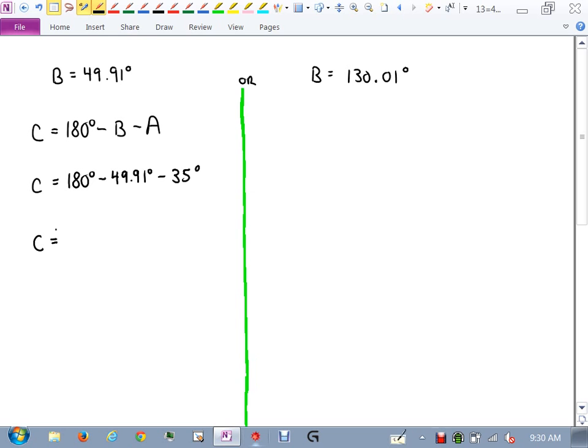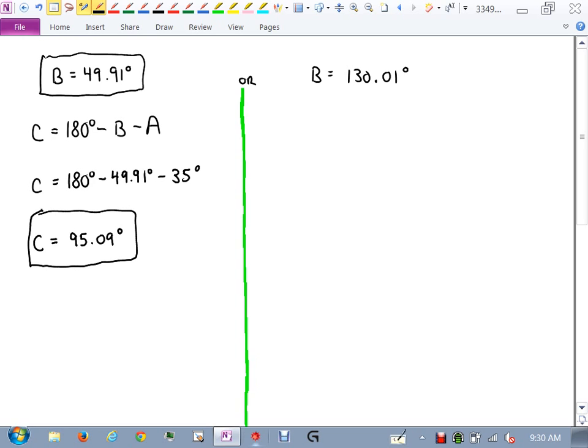So C must be 95.09 degrees. So now I have B, and a potential candidate for C here. And all that's left is little c.